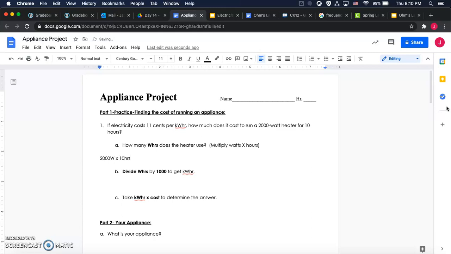Because that's how long this heater is allegedly running for to heat the house. We multiply those two values together and we should get 20,000 watt hours.